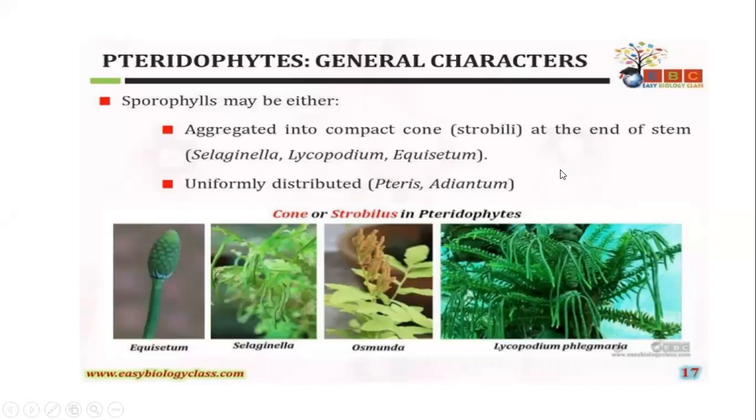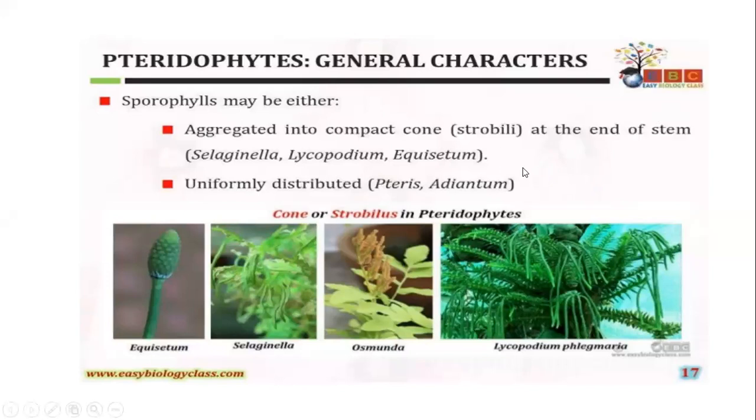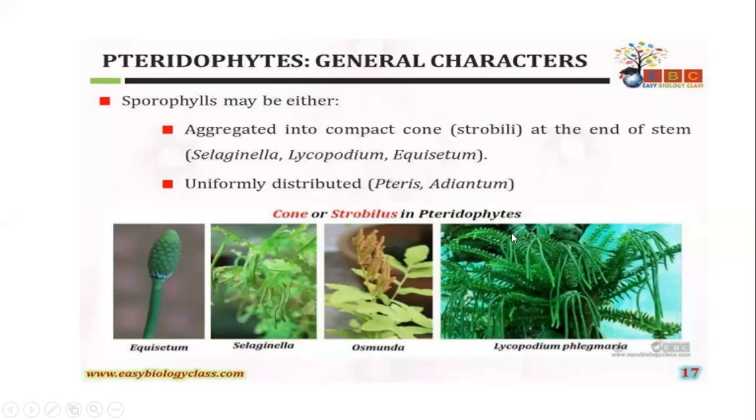I repeat, the dominant phase of the pteridophyte is the sporophyte. Why are we calling it a sporophyte? Because it develops the spores. Where are these spores developed? Within the sporangia. Where are these sporangia developed? They are developed on the leaves, on the ventral side of the leaf, or in the axils of the leaf.